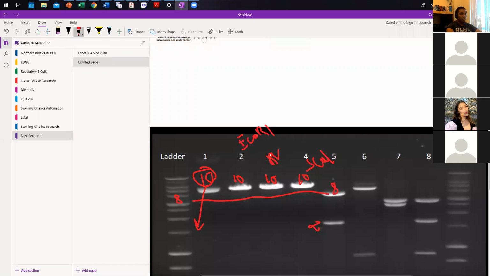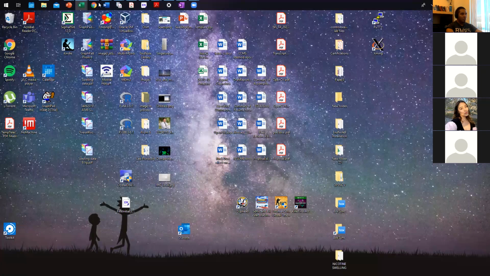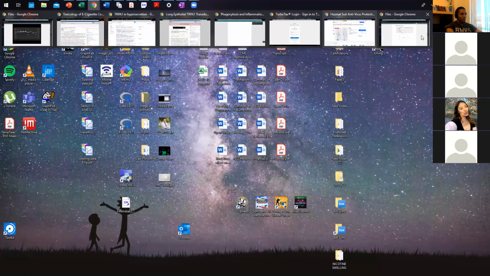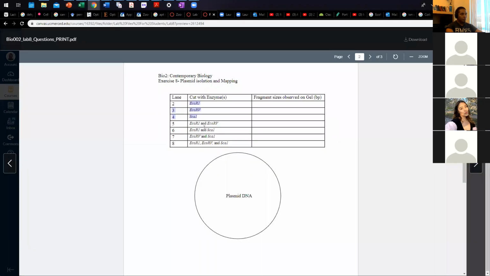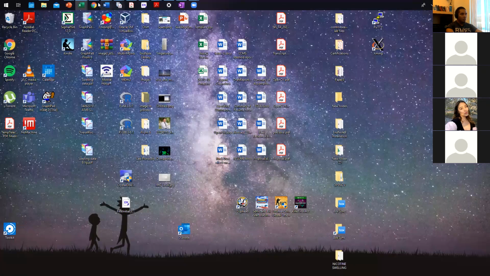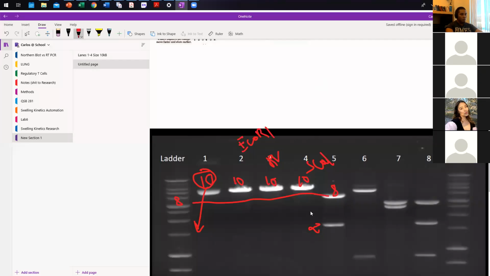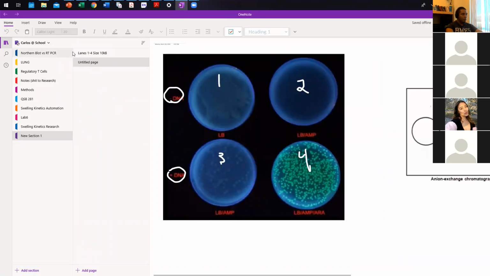The 2 cuts are made by the 2 restriction enzymes. So this is lane 5, EcoR1 and EcoRV.